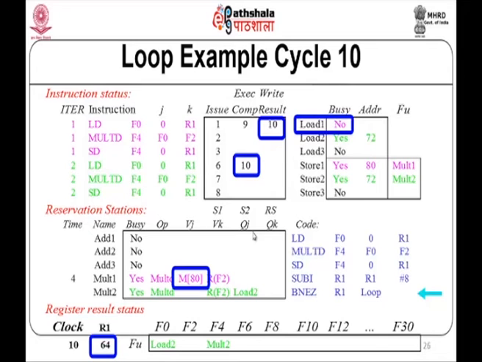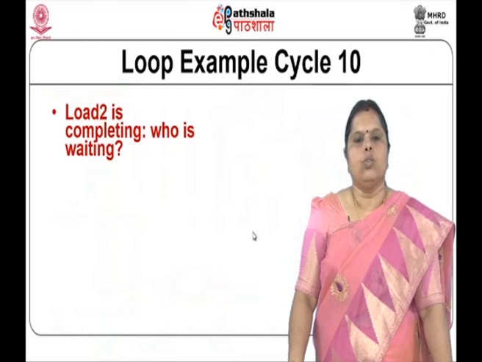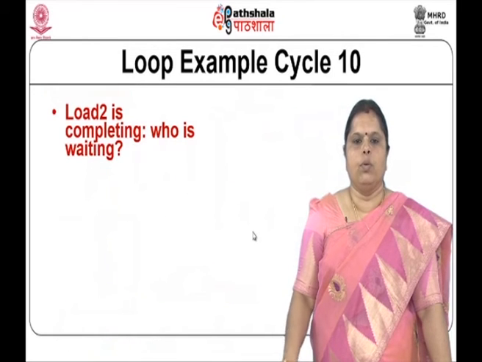So, the effective address calculation for your load instruction will happen in 9, and because we assume that the second load requires only 1 clock cycle latency, it will finish execution in 10. So, in the 10th clock cycle you find that the first load finishes execution and writes its result, and the second load has also finished its execution. That is the observation that you will have to make.